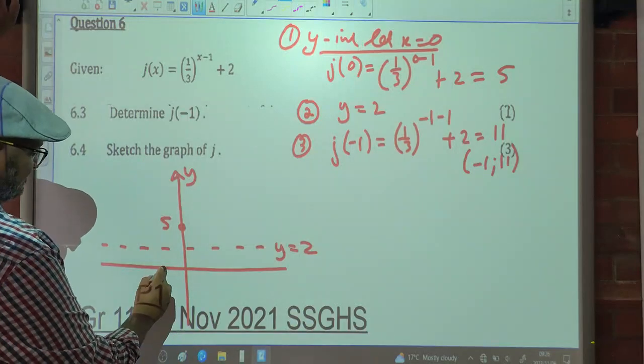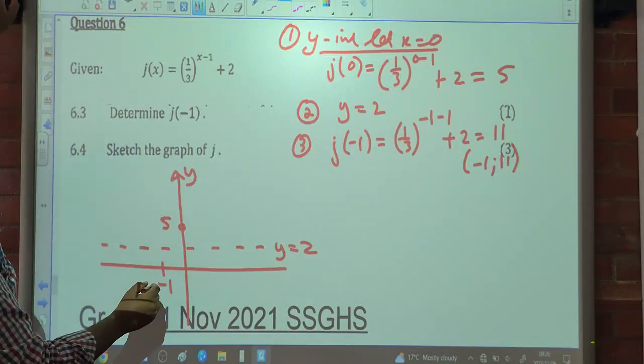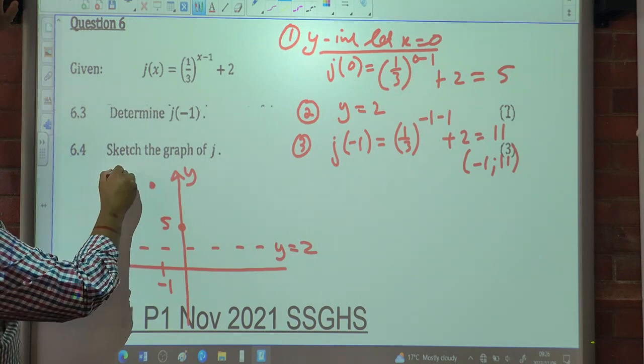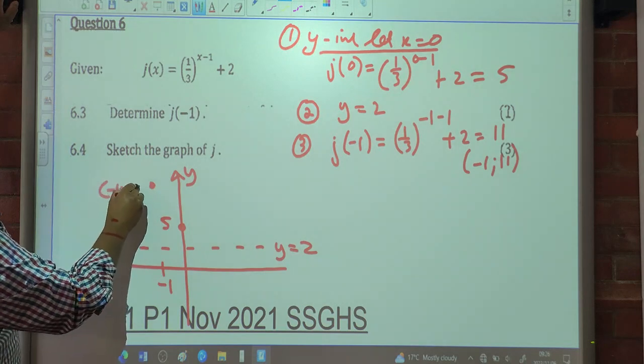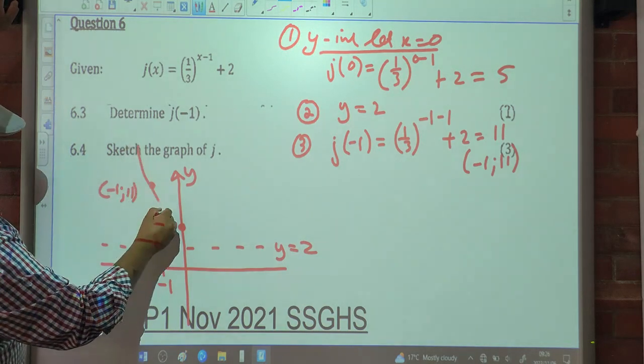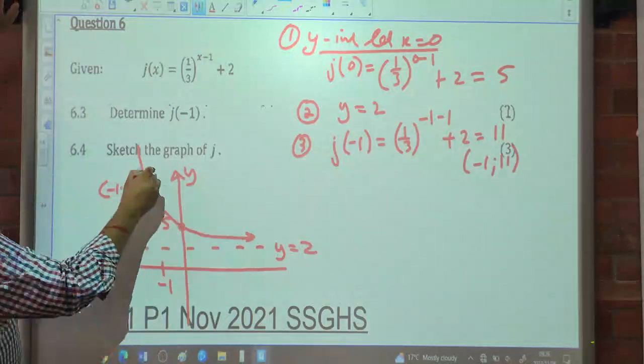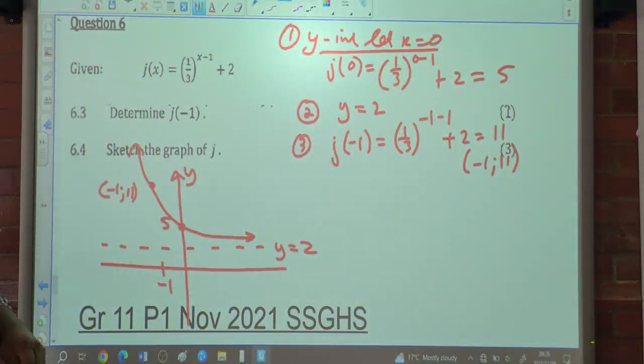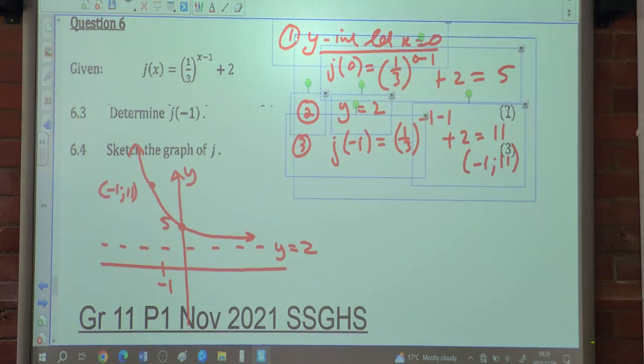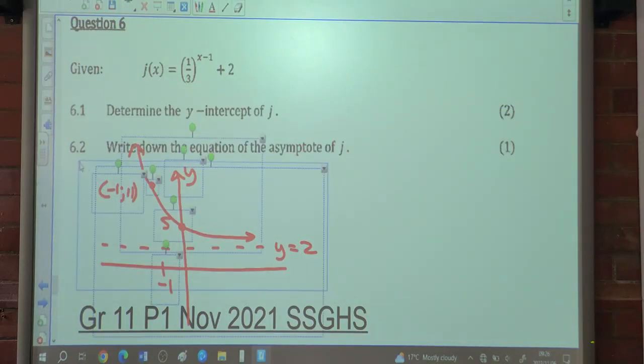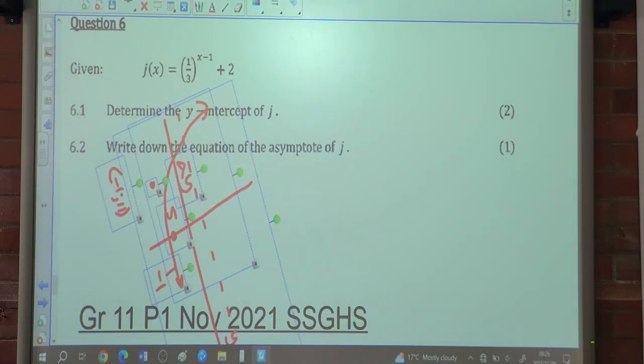And if x is negative 1, y is 11. The graph is a decreasing exponential function. Okay.